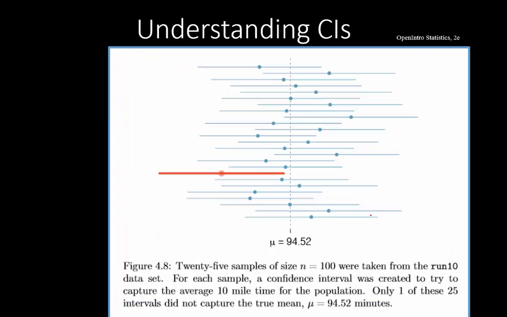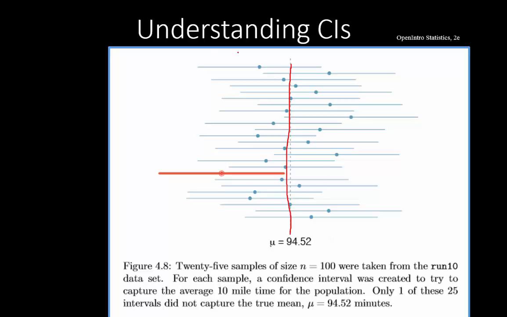This is a way that I think is a very convenient way of thinking about what we're faced with in describing our confidence interval results. In this case, 25 samples of size 100 were taken from a data set. And this line here, this is the true but unknown population mean from that data set in which we've taken samples.